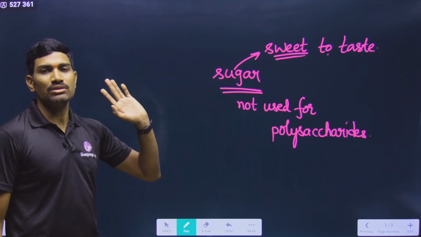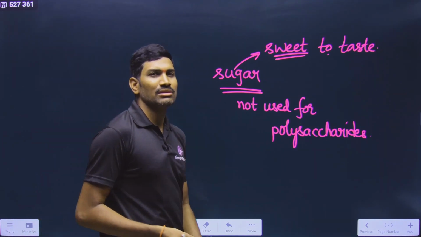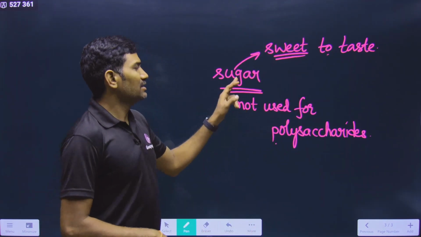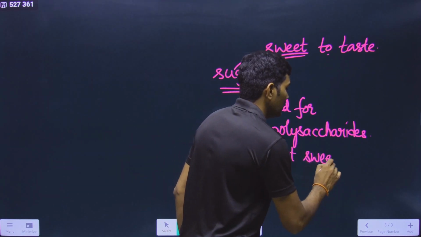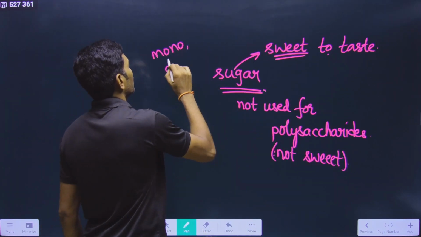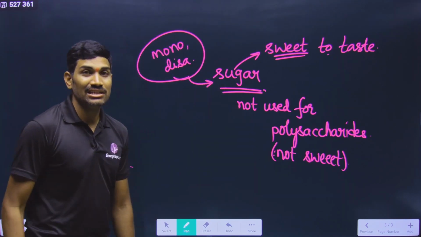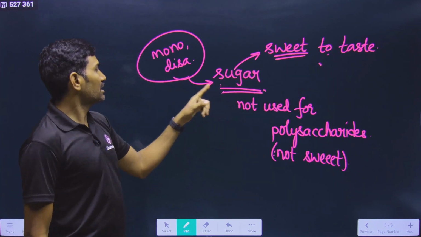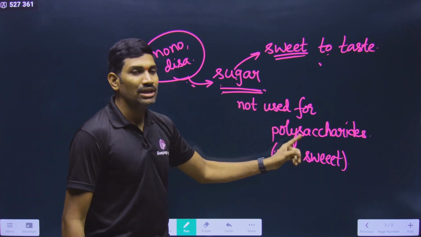Not all sweet things are sugars; nowadays we talk about some amino acids that are also sweet, but polysaccharides are not sweet in taste. Then who are sweet in taste? Mono and disaccharides mainly. That's why the term sugar, technically meaning sweet in taste, is used for mono and disaccharides, and is not used for polysaccharides.